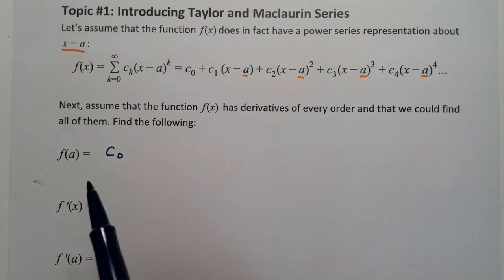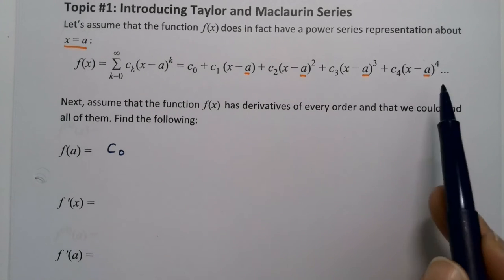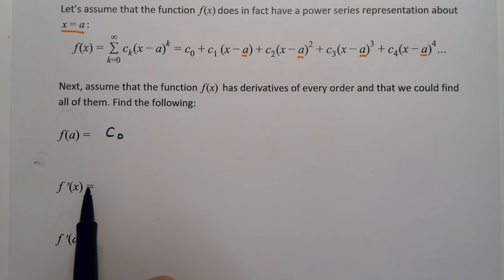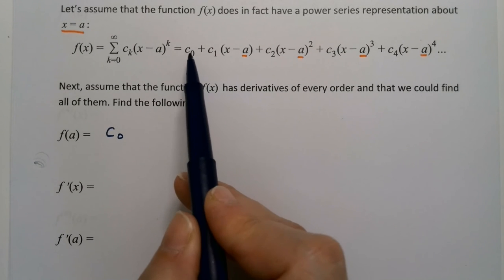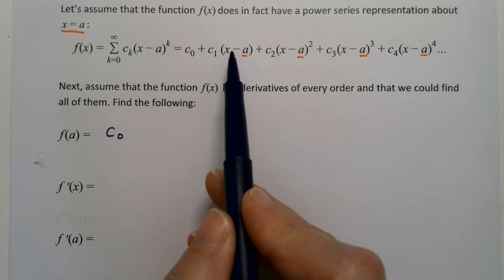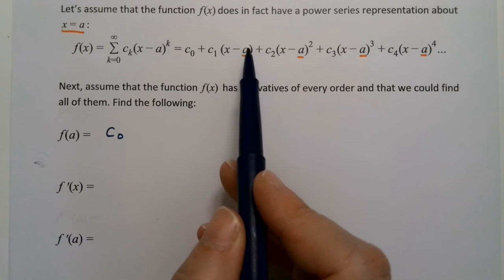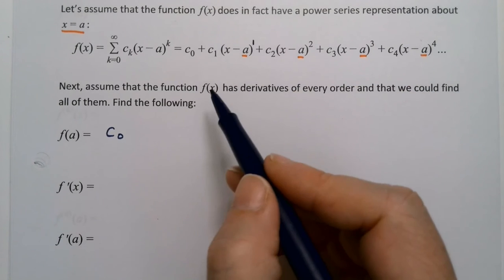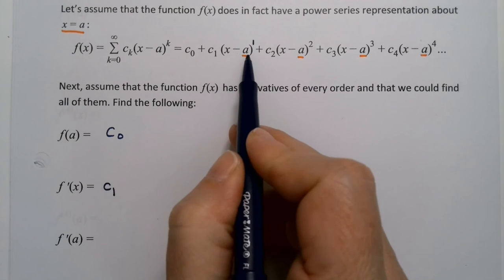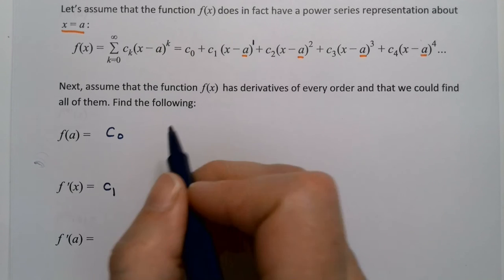Now let's find the derivative of f of x. If f of x is equal to this lovely power series that goes on forever, then we should be able to find f prime of x. The derivative of the constant is 0, so that first term disappears. The derivative of this piece, well, that's to the 1 power, so we bring the 1 down, and it'd be c1 times x minus a to the 0, but x minus a to the 0 will go away, so we don't have to worry about that.